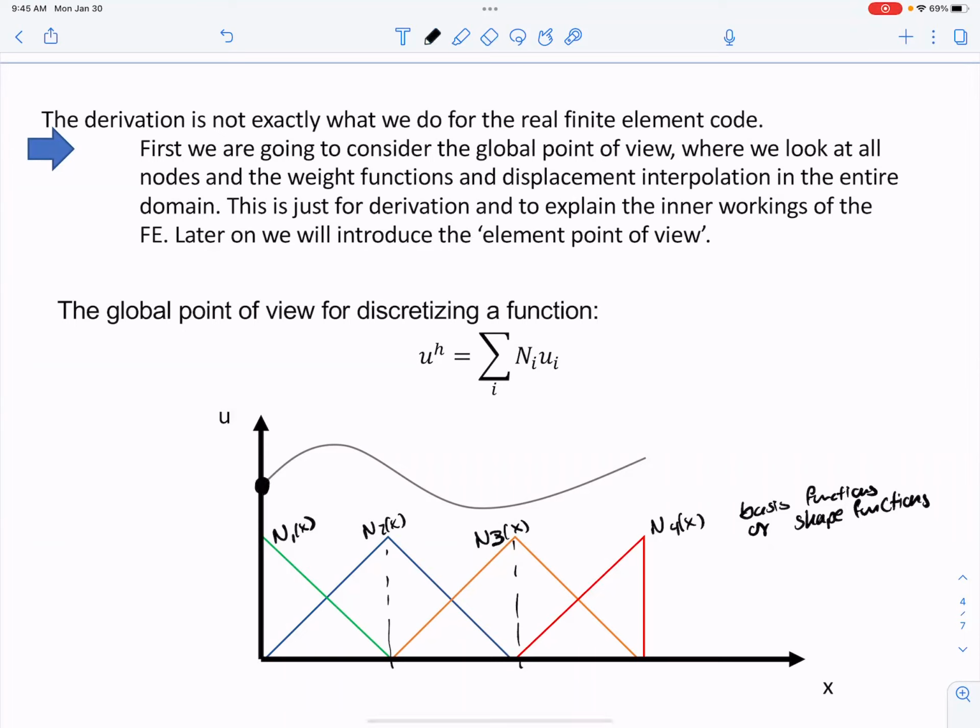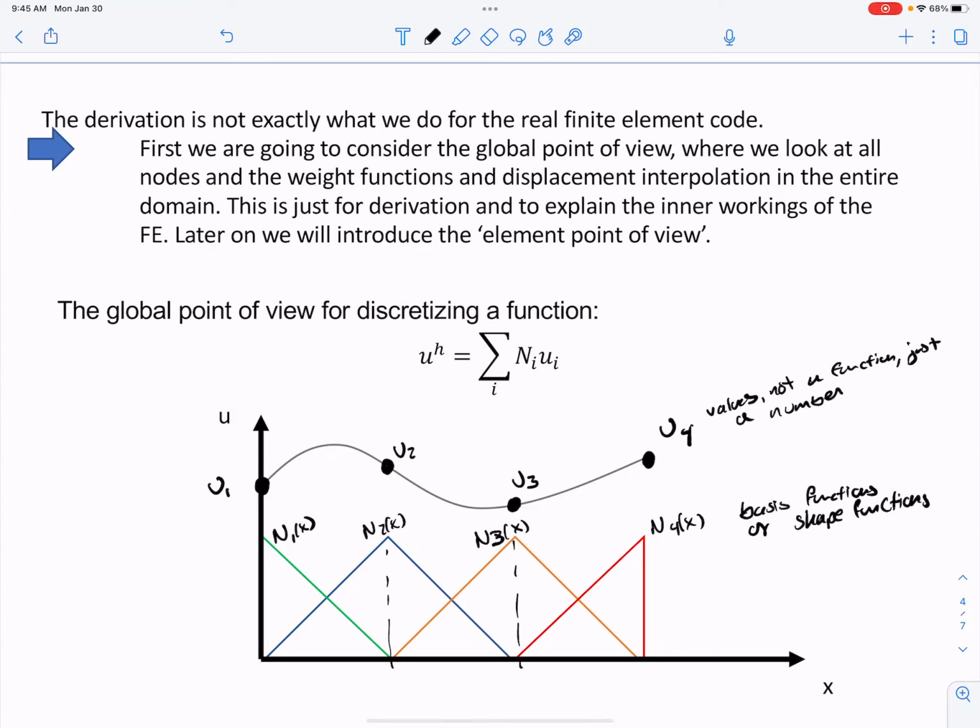So if I have this point, this point, this point, and this point, I'm going to call this U1, U2, U3, and U4. And these are just numbers. These are not functions, just a number.